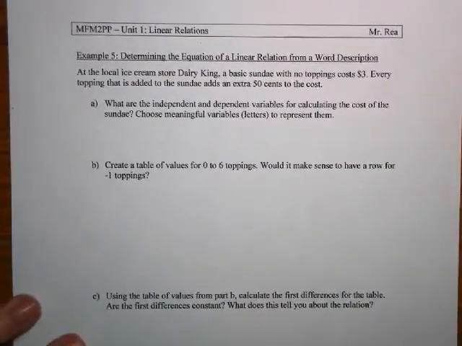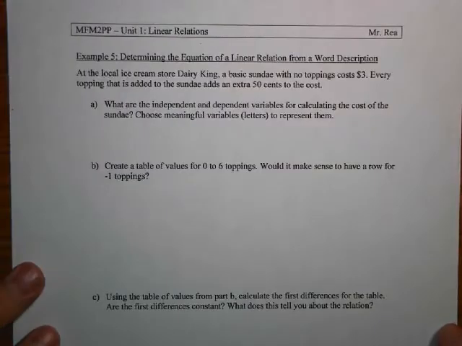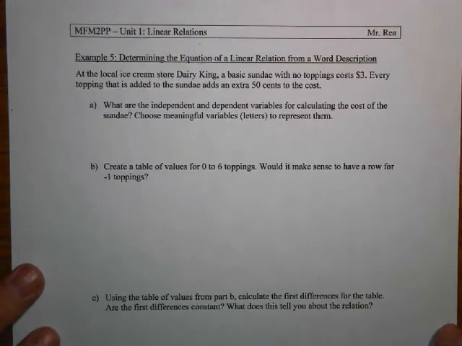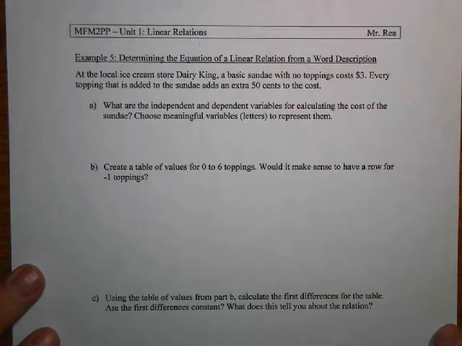At the local ice cream store, Dairy King, no relation to Dairy Queen, a basic sundae with no toppings costs $3. Every topping that is added to the sundae adds an extra 50 cents to the cost. So if you get a plain sundae, no toppings, kind of boring, but that's $3. And every topping we add, it's an extra 50 cents to the price.